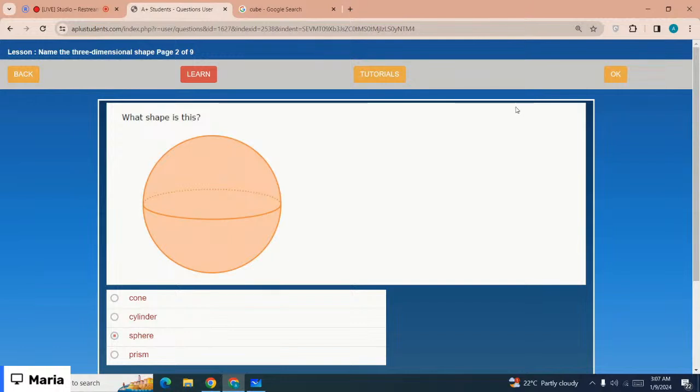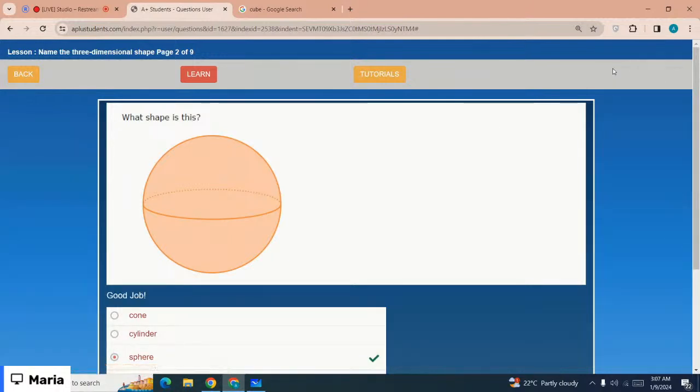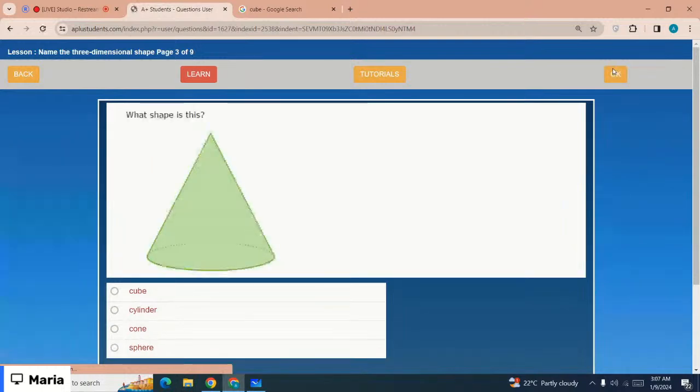Got it? What shape is this? Which is the correct option? Yes, that is a cone. The correct option is cone. Very good.